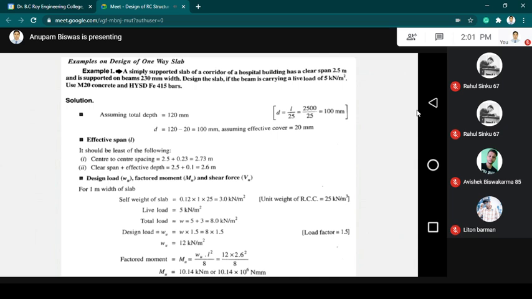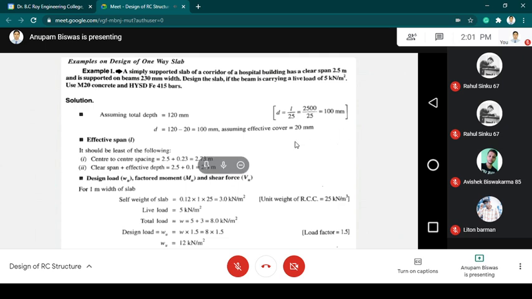The clear span is given as 2.5 meters, so 2500 mm by 25 is 100 mm. Assuming the effective cover as 20 mm, the total depth is 100 plus 20, which is 120 mm. So this is our total depth, assumed with respect to the clear span.